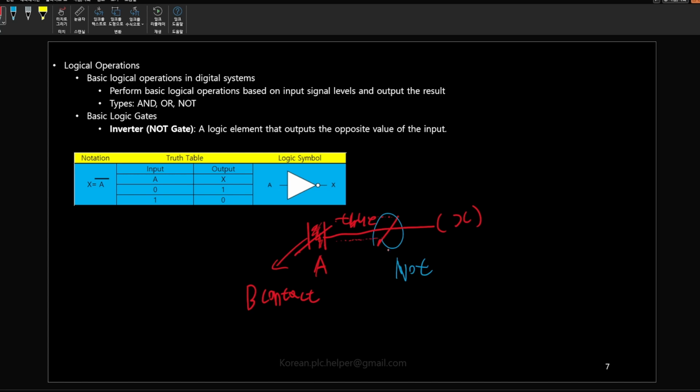However, since the NOT gate outputs a pulse signal of 0, X does not turn on. This is a NOT gate or invert. I will explain when to use the NOT gate after discussing the AND and OR gates.